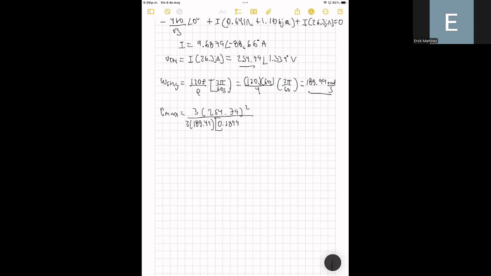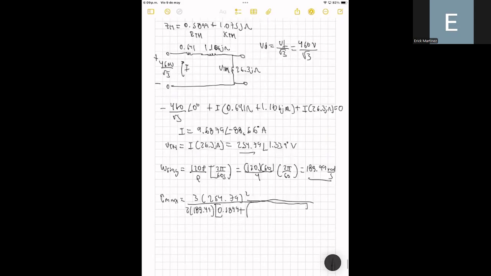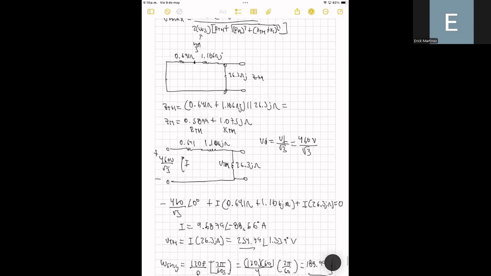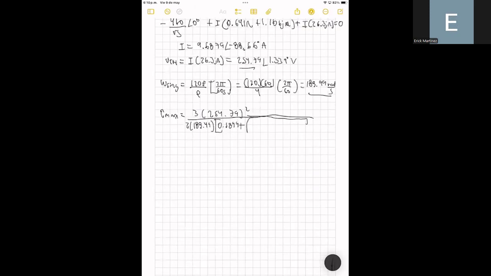So we can write 0.5899 plus, we need to take one square root. So the square root that we need is the square root of the real part of the Thevenin impedance squared plus the imaginary part of the Thevenin impedance plus X2, squared, and we need to add these two values, and then take the square root of that. So we can substitute those values and we will obtain the following.